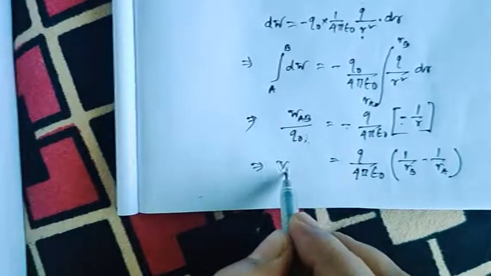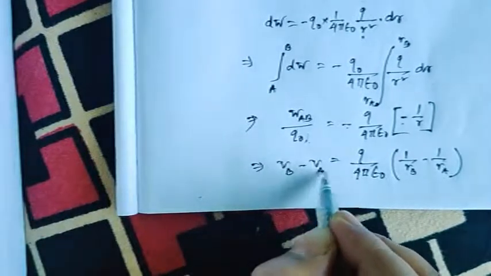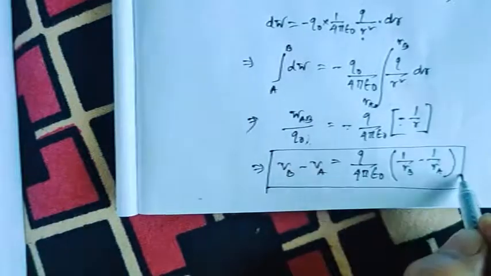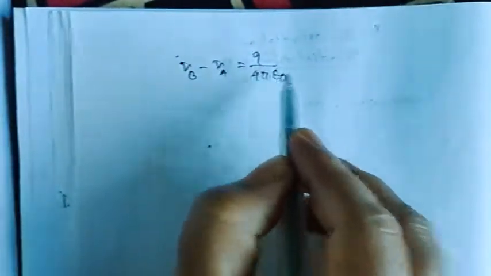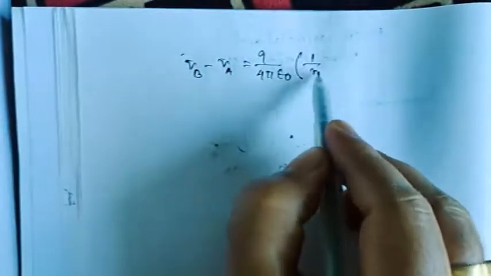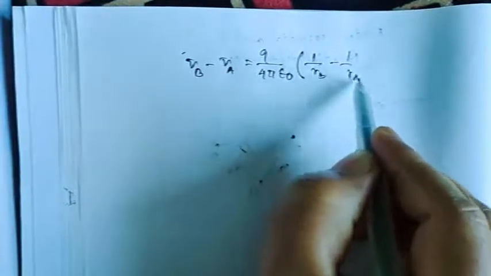So this is the equation for the potential difference between two points. The main formula we have got for the potential difference is VB minus VA equals Q by 4 pi epsilon naught within bracket 1 by RB minus 1 by RA. These two are the position vectors.